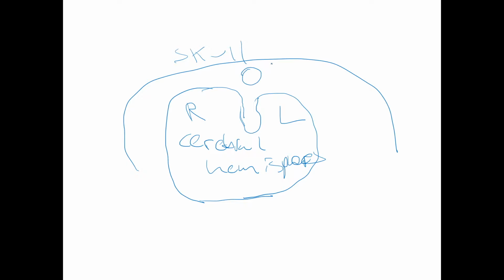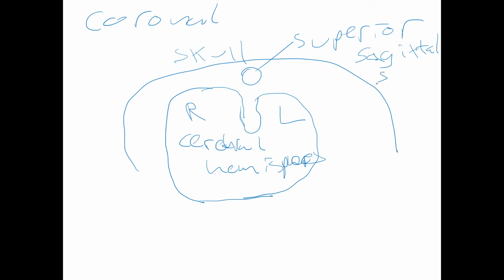And then this is your superior sagittal sinus. This would be a coronal view. So what you have are these bridging veins that drain the brain parenchyma into the superior sagittal sinus.